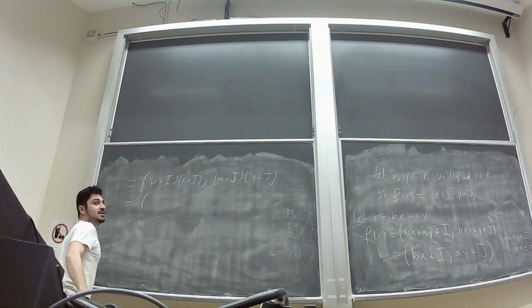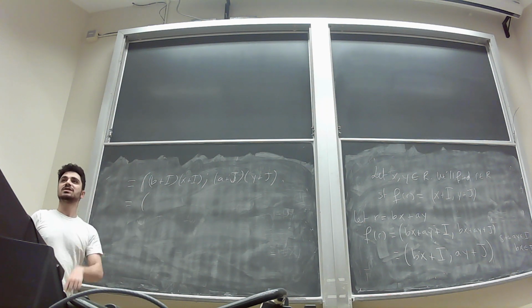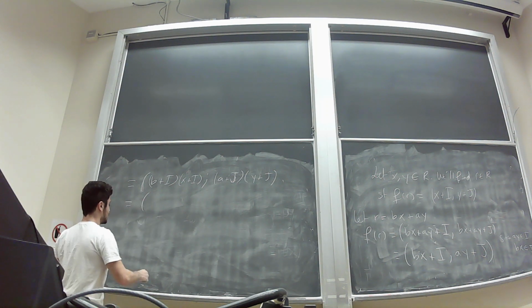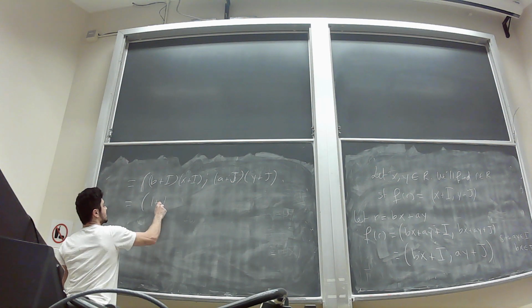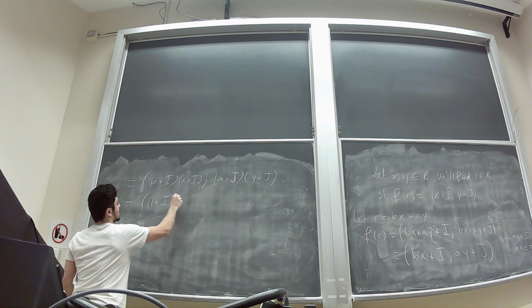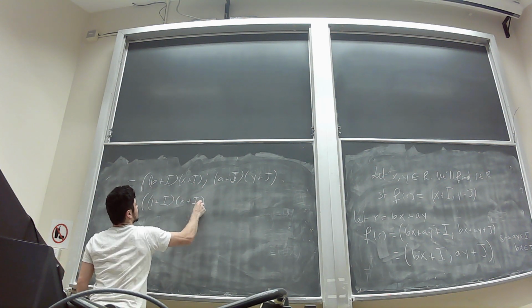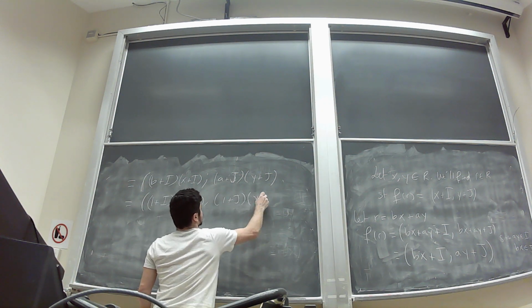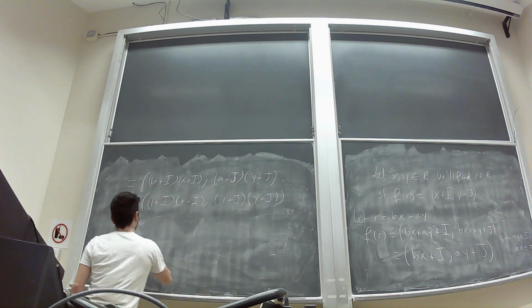And b plus I is equal to 1 plus I, right? Look at your notes from above. This is 1 plus I times x plus I, and 1 plus J times y plus J. Boom.